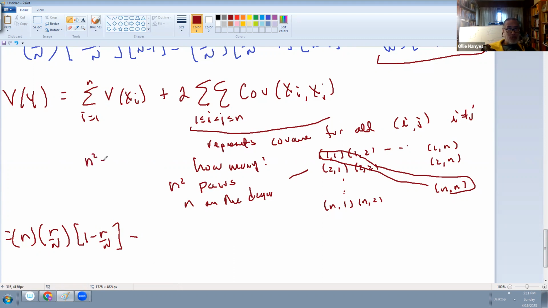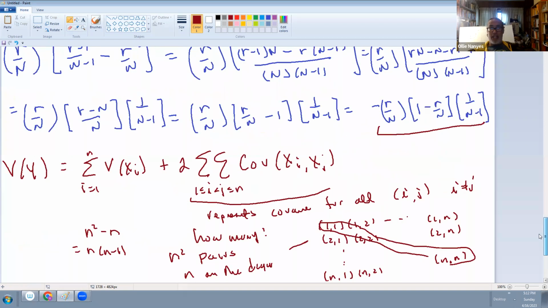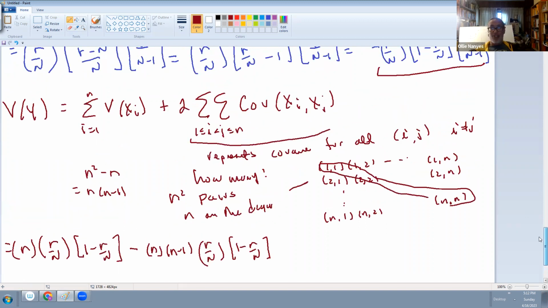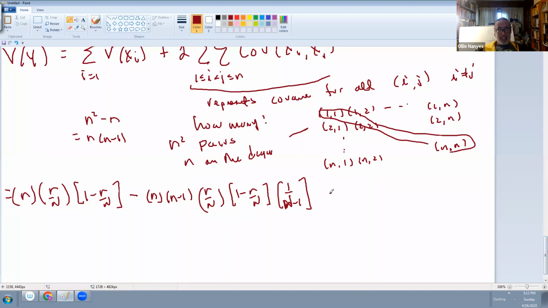Well, it's going to be n squared minus n, which I'll write as n times n minus 1. And each covariance is, and I already put the minus there, so it's r over n, 1 minus r over n. And then we've got this extra correction factor here, the 1 over n minus 1. And this is a big N minus 1. Okay. So that's going to be the variance of y.